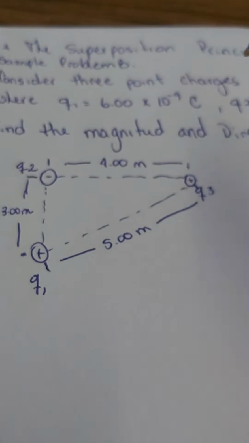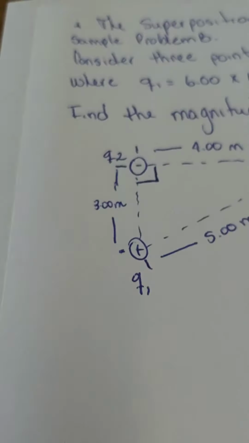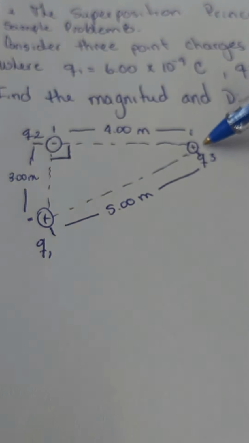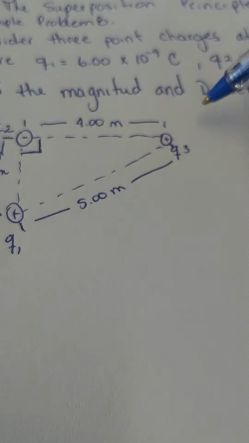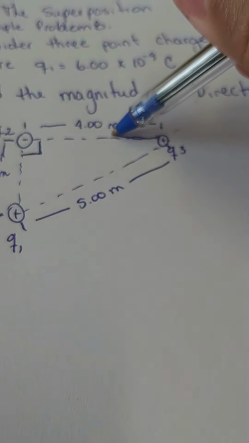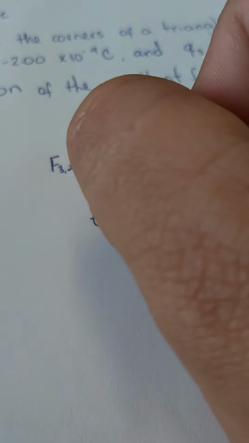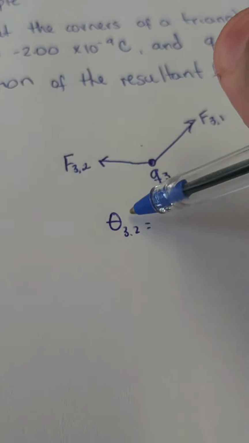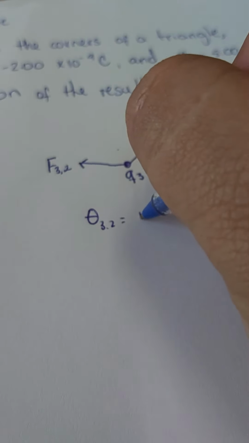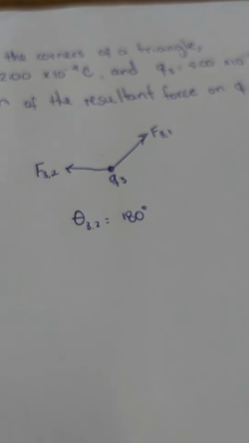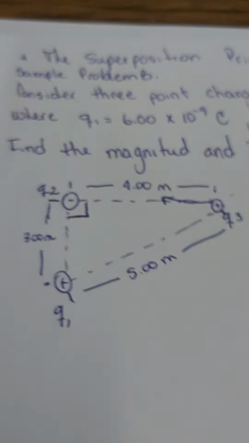Now, this is a right triangle. The electric force from charge 3 to 2 is going to the left, so theta 3,2 will be 180 degrees.